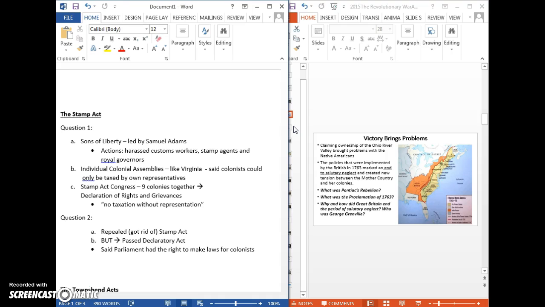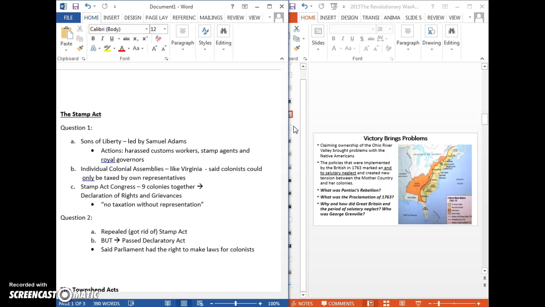And then we looked at some of the problems that the British victory brought in regards to their relationship with the American colonies, namely due to the fact that the British have to pay for this war, and they have decided that the colonies need to help them out in paying off the debt that occurred as a result of this war.